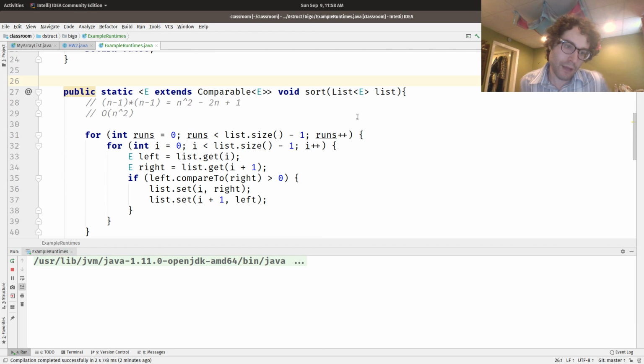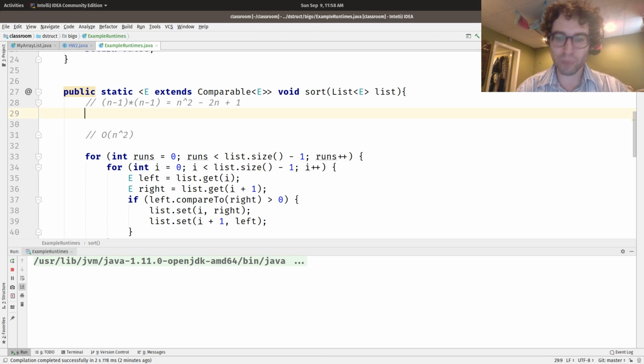Now, as I mentioned, this is an unoptimized version of Bubblesort, okay? And again, you might be wondering, why am I calling this an O of n squared when there's this minus 2n in here? And the answer is that as these numbers get really big, the n squared utterly dwarfs the 2n. The 2n just doesn't matter in the long run, right?